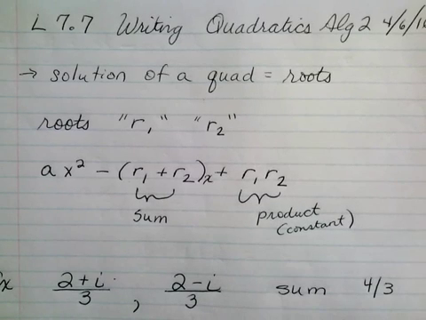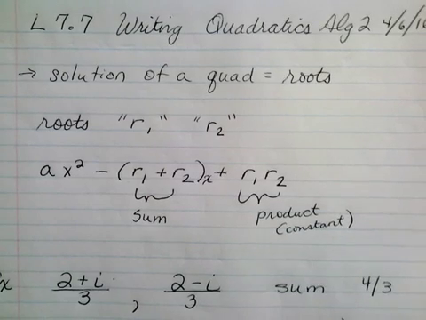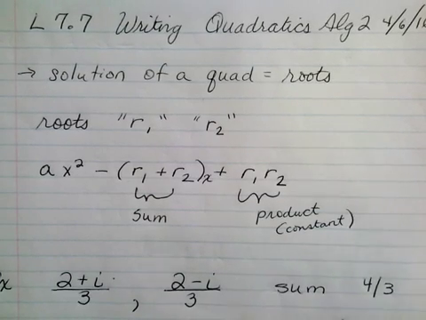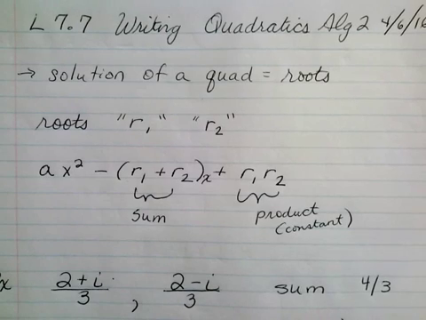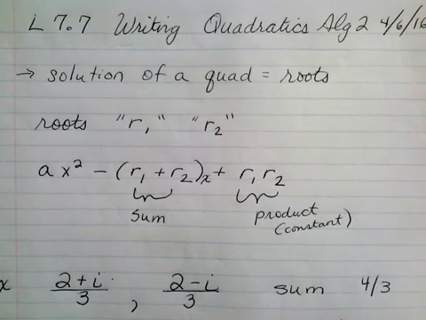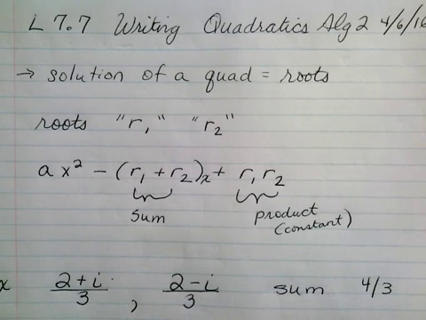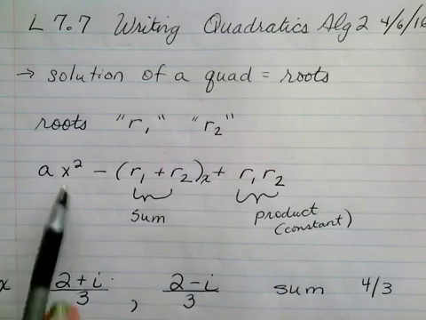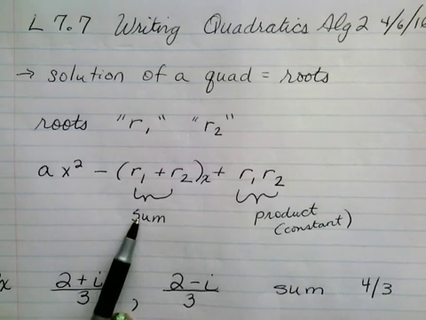If you have to go back and review details on imaginary numbers, that was a little while ago. And 3 times 3 is 9. So the product is 5/9.